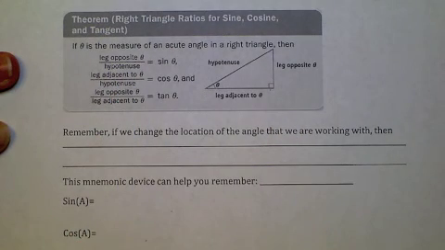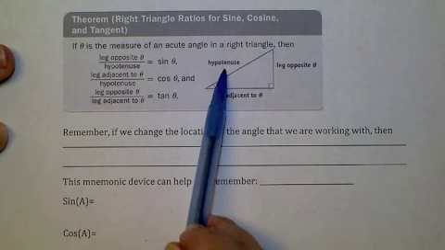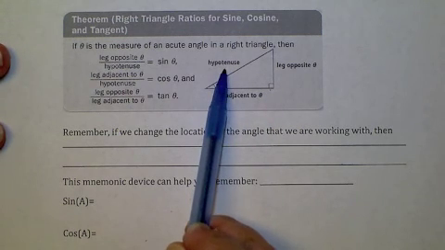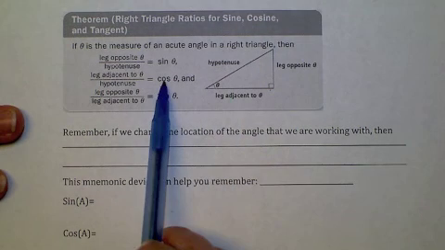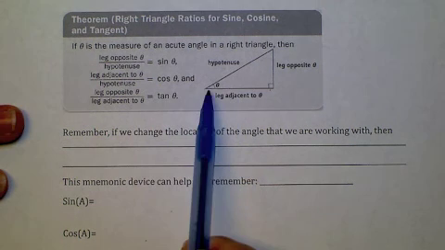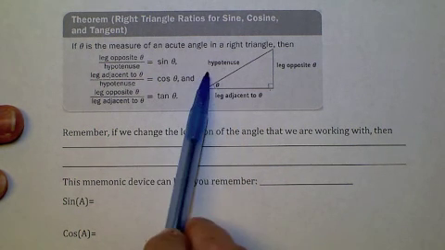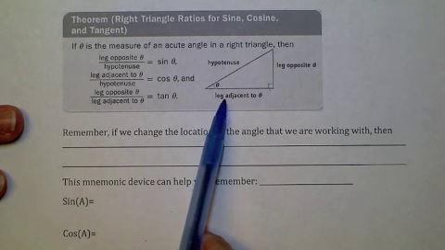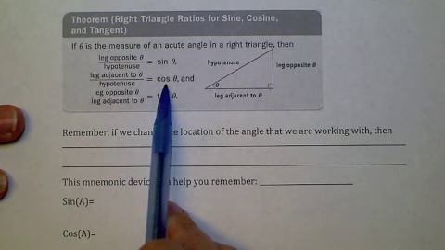Now the hypotenuse is always, always, always across from the 90 degrees. It's also always going to be your longest side. The hypotenuse never changes. Cosine of theta is equal to the adjacent side. The adjacent side is the side that helps make the angle but isn't the hypotenuse. So adjacent over hypotenuse, that's cosine of theta.